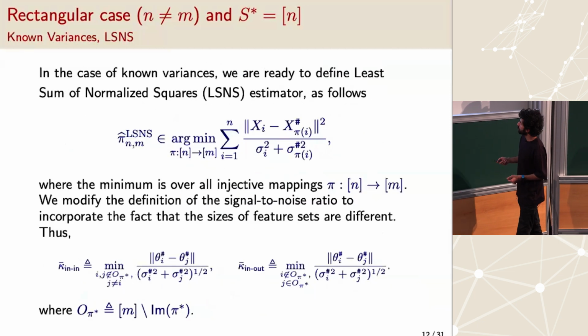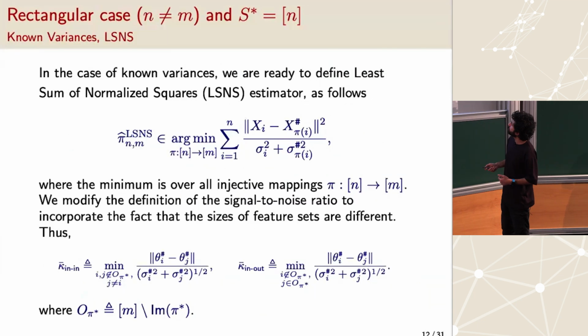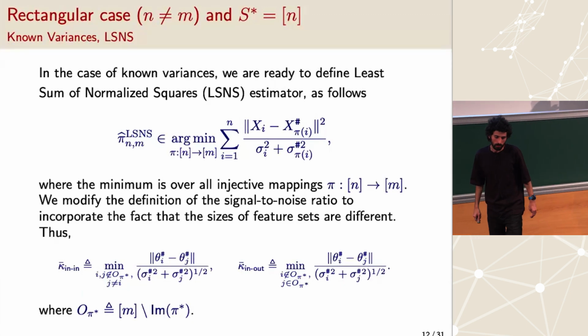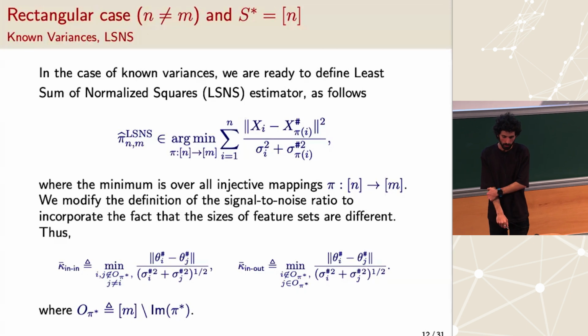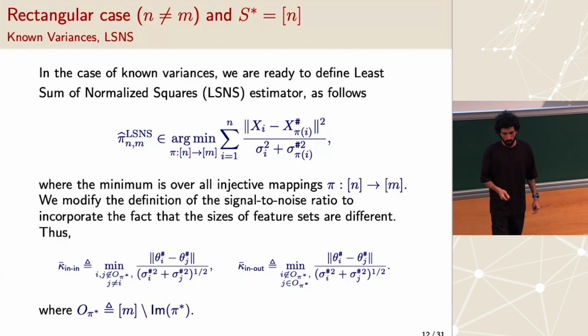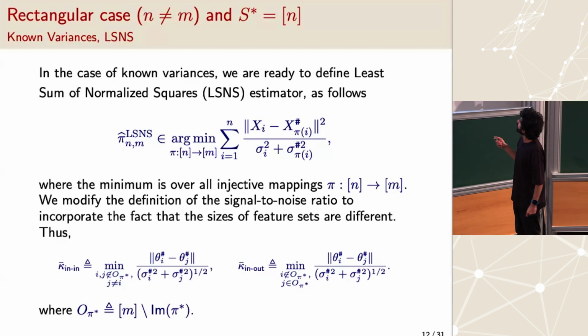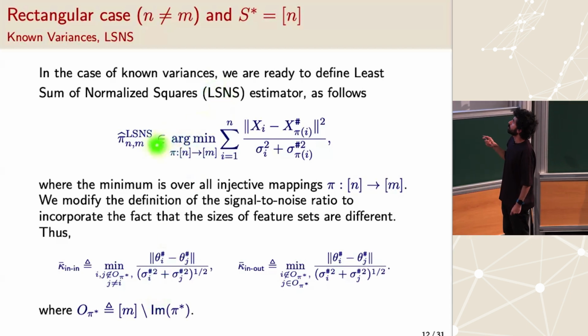Going forward, we define our estimator as the sum of normalized squares, where we take the minimum over all injective mappings from n to n, and this would be our estimator of pi star.